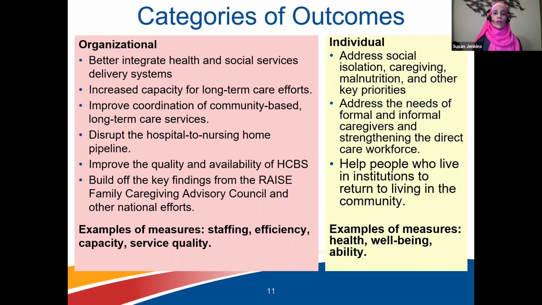Addressing the needs of formal and informal caregivers, and strengthening the direct care workforce, which is made up of individuals, and helping people who live in institutions to return to living in the community. Those can all be defined as individual level outcomes because they're focused on individual people in your state and territory.